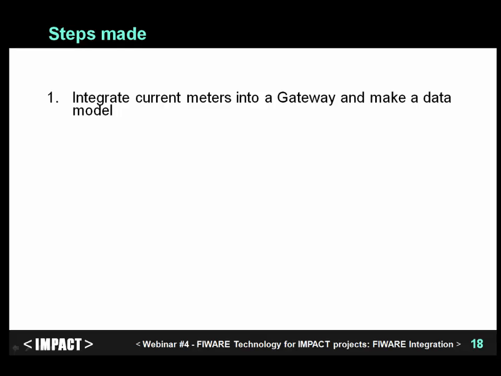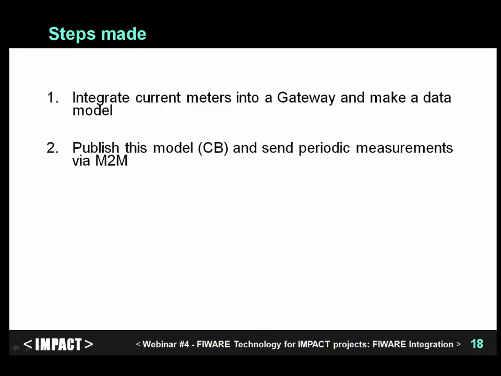They connect all the meters using their own made devices, into this gateway and make a data model in the context broker. They publish this model, of course, and they send periodic measurements via M2M.